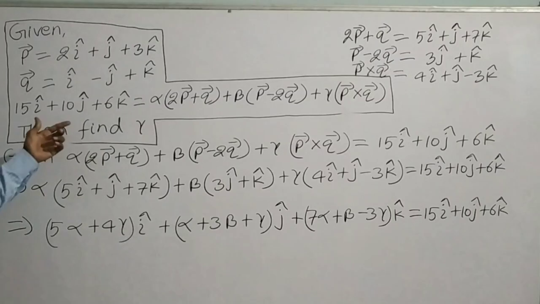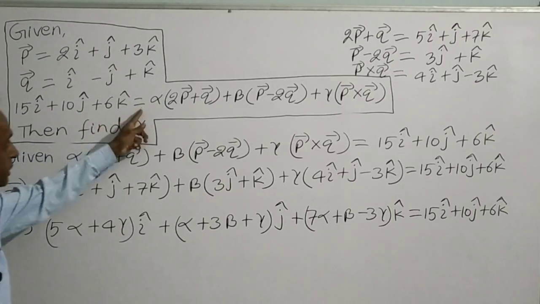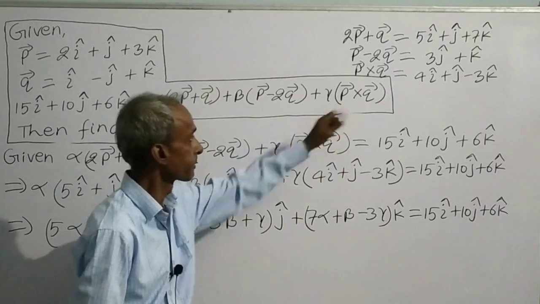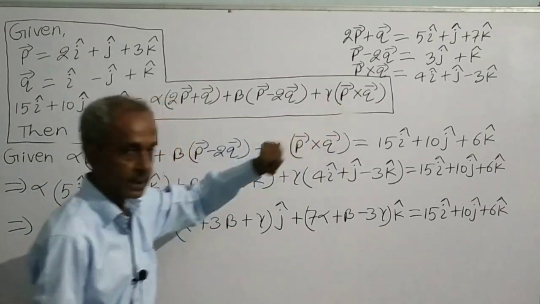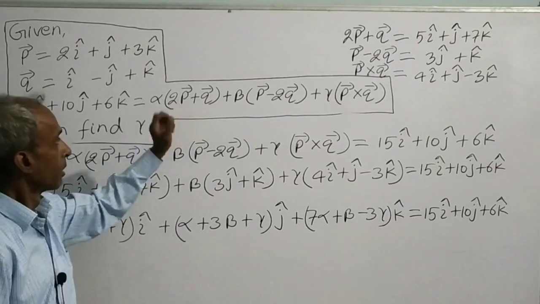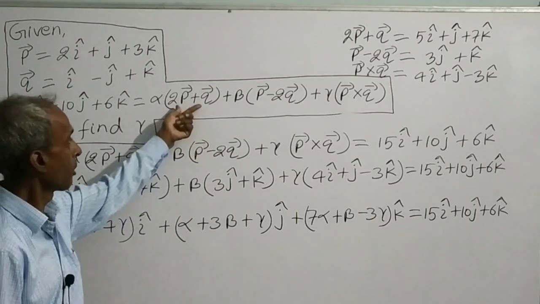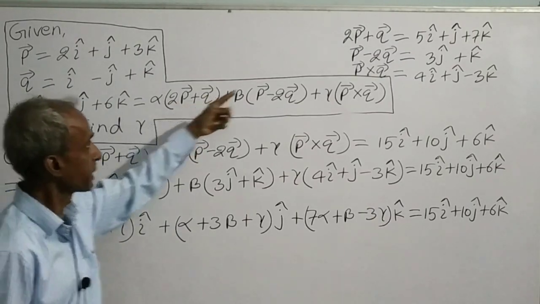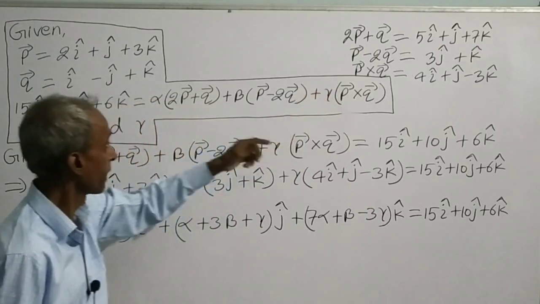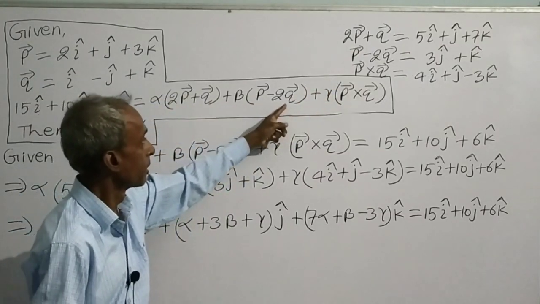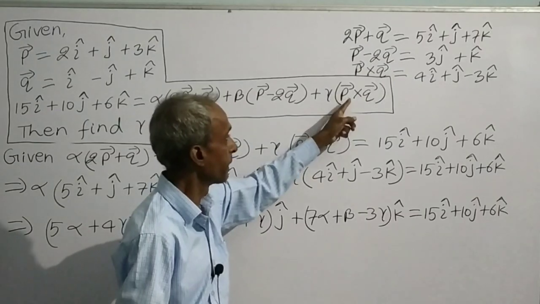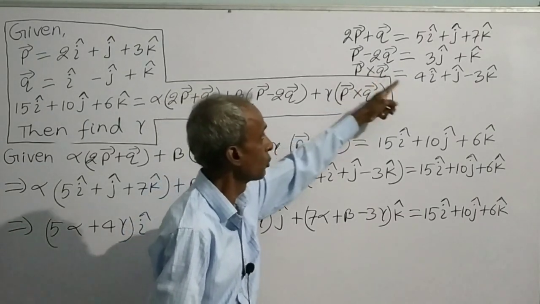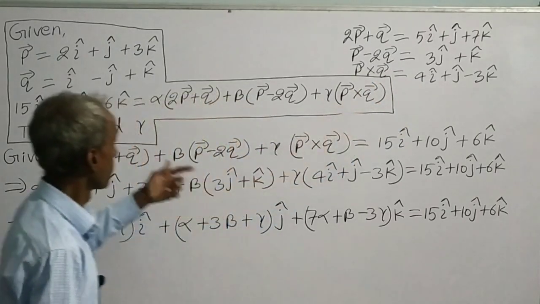It is given in the question that this vector is equal to this. In the RHS of this relation, we put the value of 2 times vector P plus Q from here, P minus 2 times vector Q from here, and vector P cross vector Q from here.